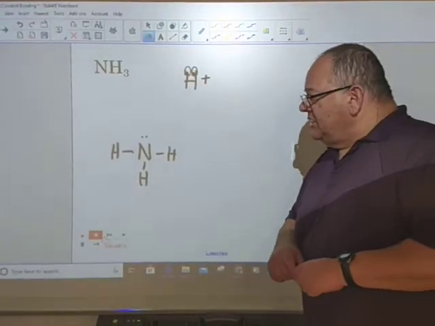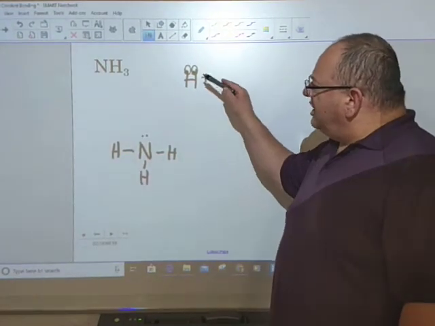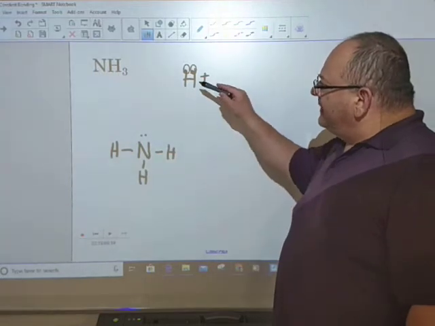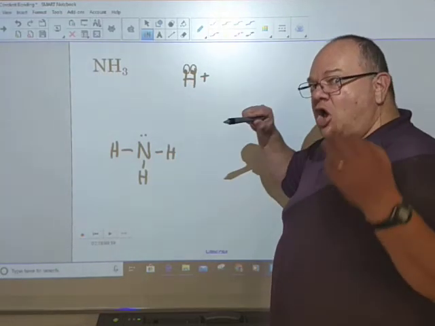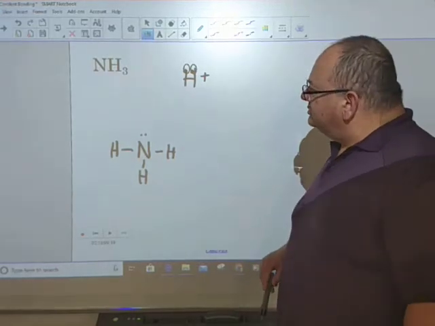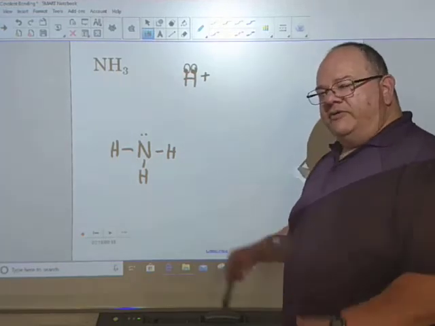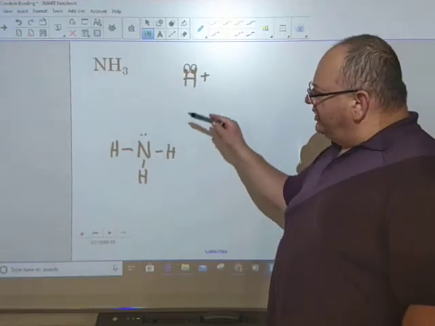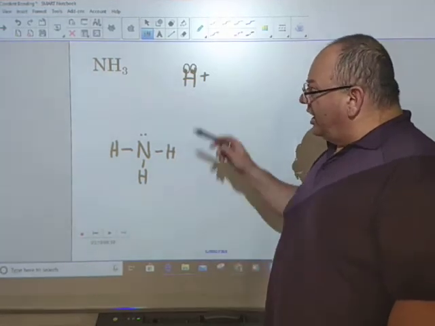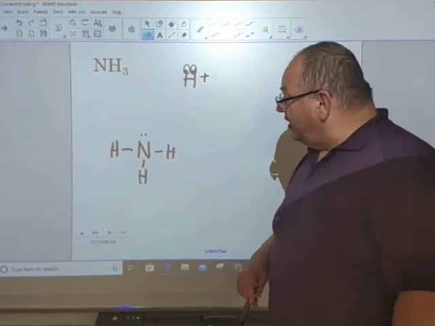Okay? Now let's imagine in our world we have some extra hydrogen ions. So here's a hydrogen ion. It's just a hydrogen atom that's lost its one and only electron, and so it's got a positive charge. And so if you're a hydrogen ion just kind of floating around the universe here, and you look over and see this ammonia molecule, and you're like, would you look at that pair of electrons on that nitrogen over there?